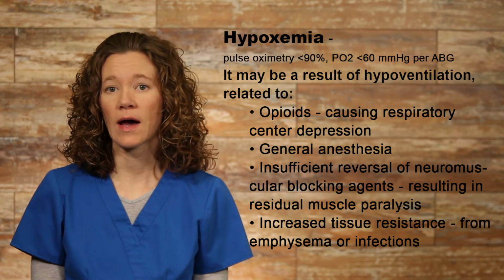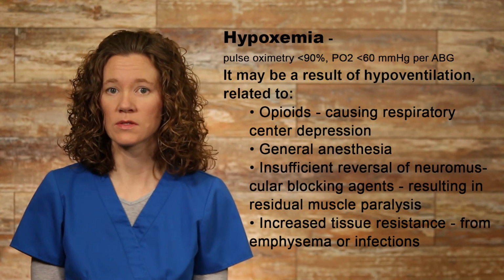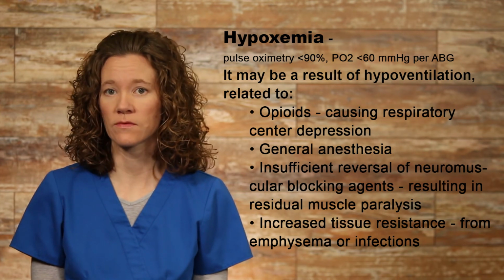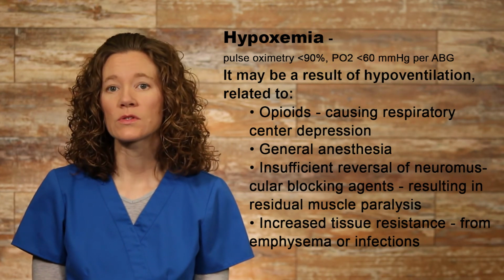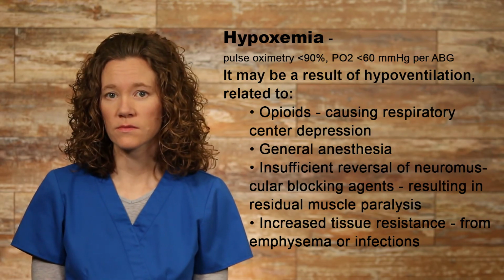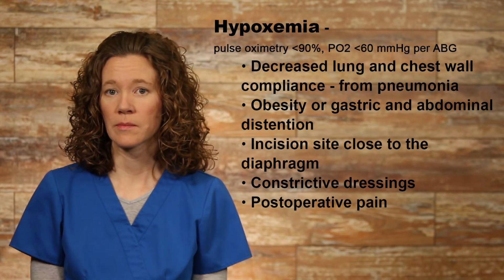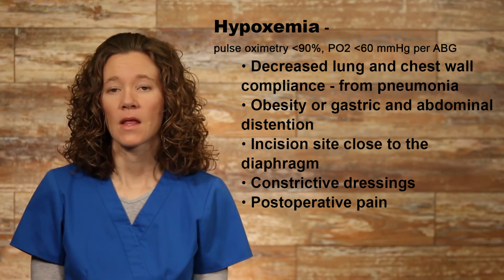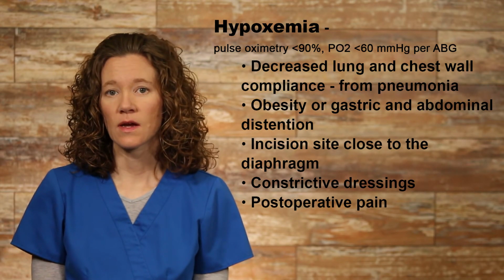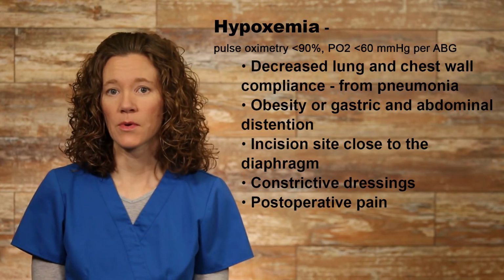It may be a result of hypoventilation related to opioids causing respiratory center depression, general anesthesia, insufficient reversal of neuromuscular blocking agents resulting in residual muscle paralysis, increased tissue resistance from emphysema or infections, decreased lung and chest wall compliance from pneumonia, obesity or gastric and abdominal distension, incision site close to the diaphragm, constrictive dressings, or postoperative pain.